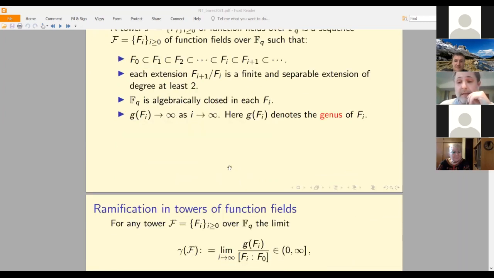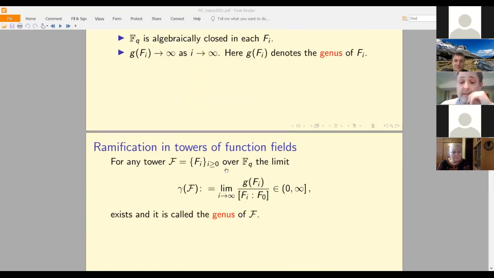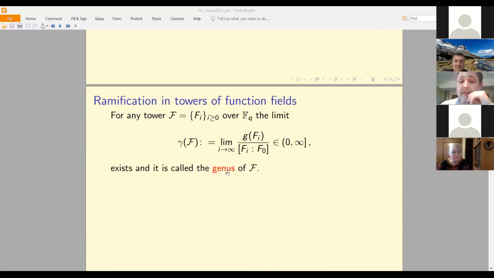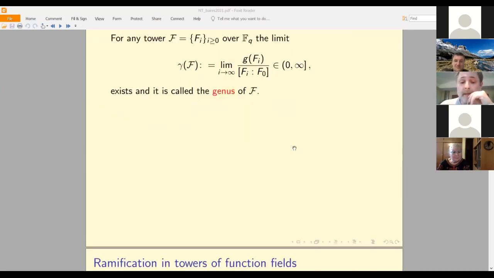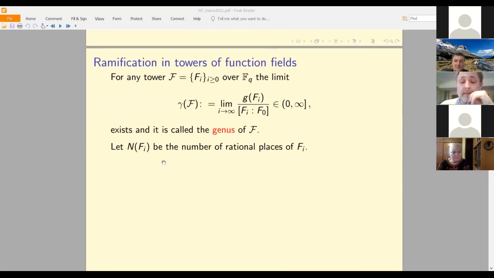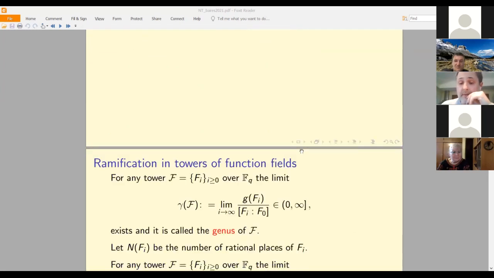And associated to a tower of function fields, there are these quantities. It's called the genus of a tower. It's the limit of the genus of F_i divided by the index of F_i over F_0. You can prove that this limit exists and is never 0. It could be infinite. And then you have another quantity based on the number of rational places of the field F_i in the tower.